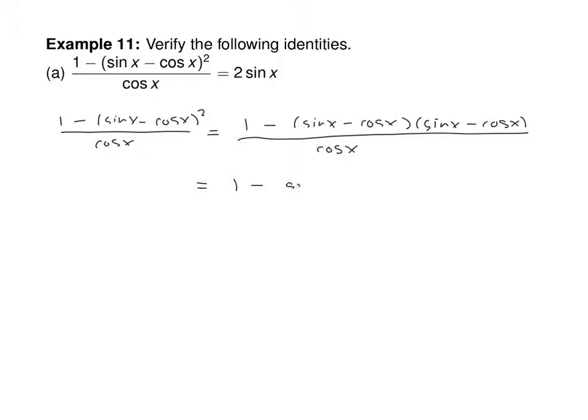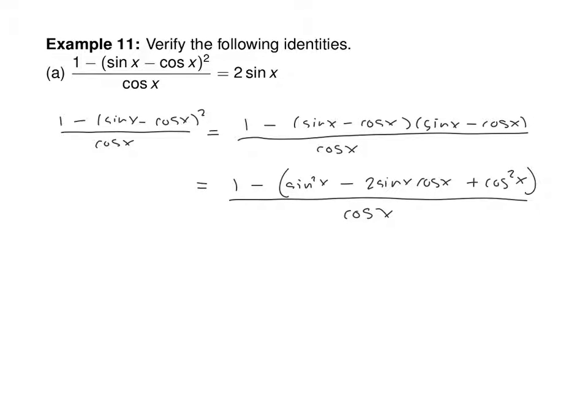That's sine squared x minus how many sine cosines? 2. And then plus cosine squared x, and what did I forget? Parentheses. Over cosine x. If you can square that in your head and you know it's sine squared minus 2 sine x cosine x plus cosine squared, do it, because it's good to be fast at that.